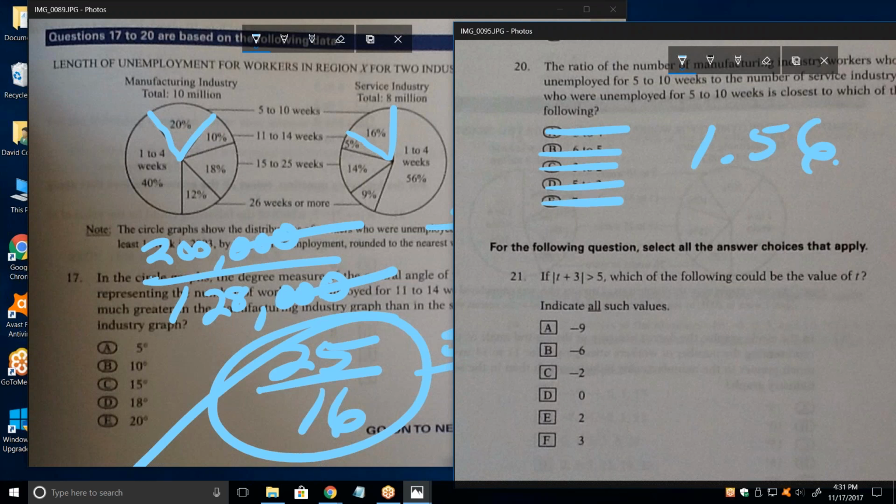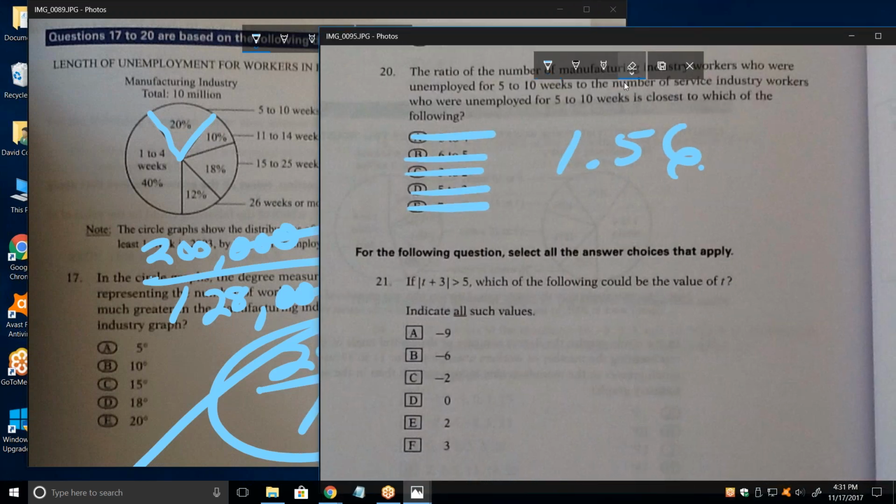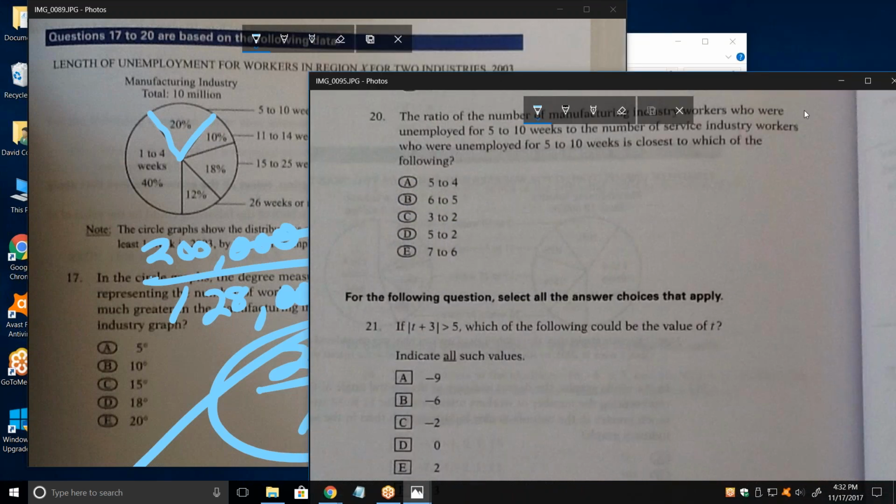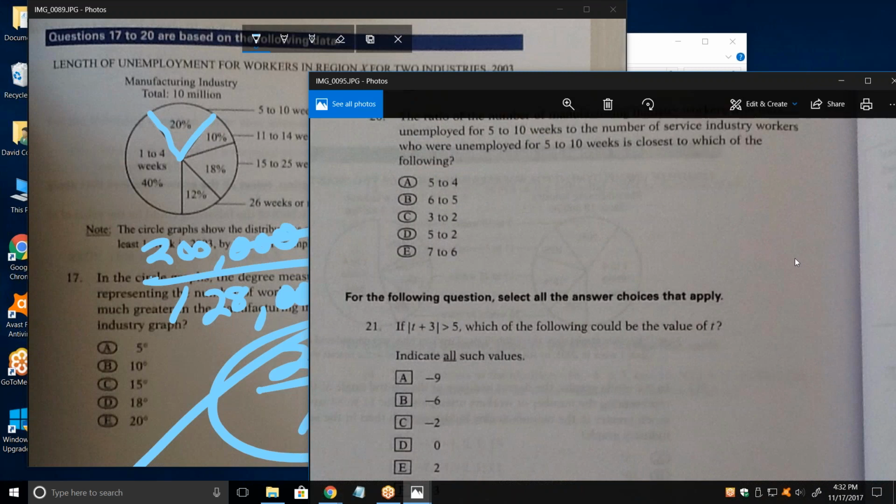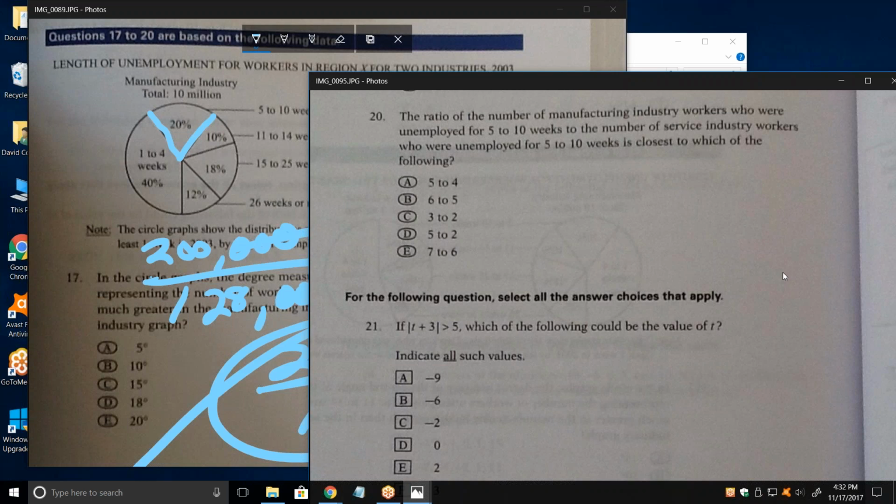And now I can read the top of that question. Oh, I see why I couldn't read it, because that X was in the way. Okay, now I can read it. The ratio of the number of manufacturing industry workers who were unemployed is 20% of 10 million. Okay, that's 2 million, not 200,000. I don't think that's going to make any difference.